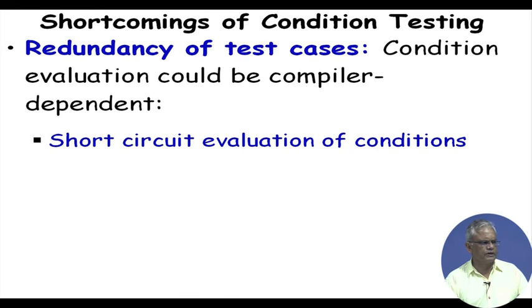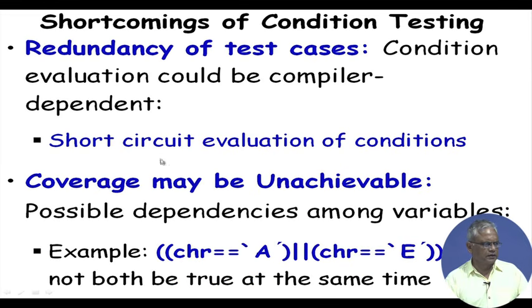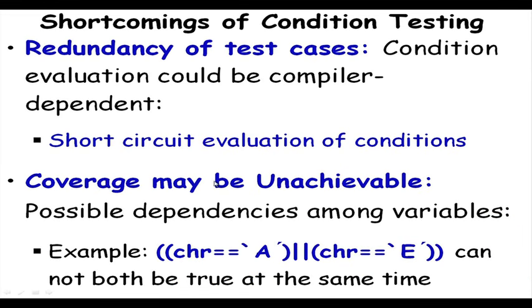So, some of the test cases become redundant, and also some of the coverage may be unachievable. Some of the condition combinations may be unachievable. For example, in this example, character is equal to A or character equal to E, we cannot have both true at the same time. So, multiple condition coverage would not be possible to achieve for this case.